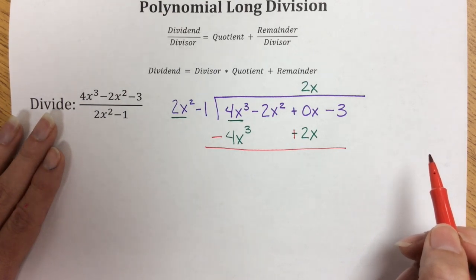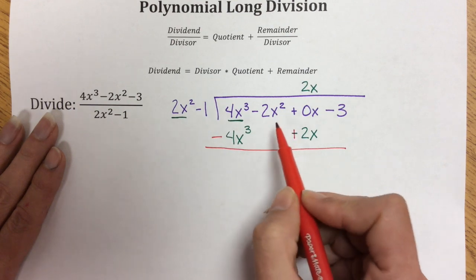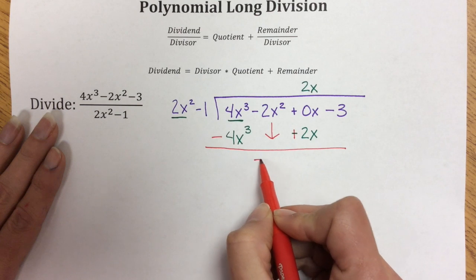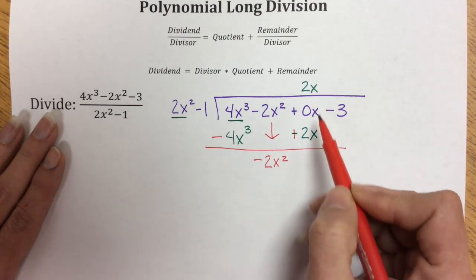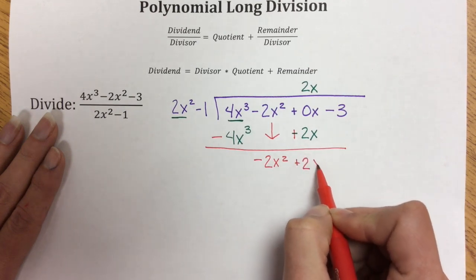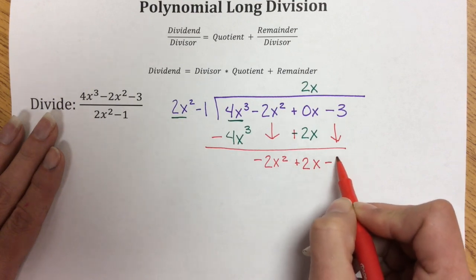And now you can just add. If we add down, this cancels out. This guy comes straight down, so it's minus 2x squared. We'll add 0x plus 2x and get plus 2x, and go ahead and bring this last term down, minus 3.